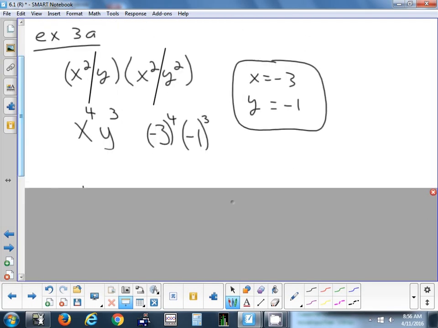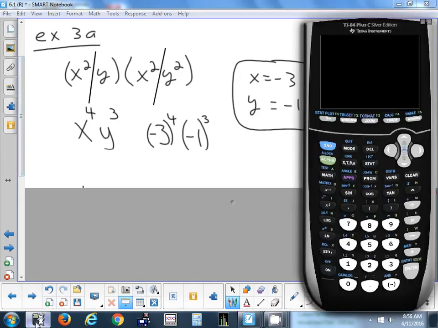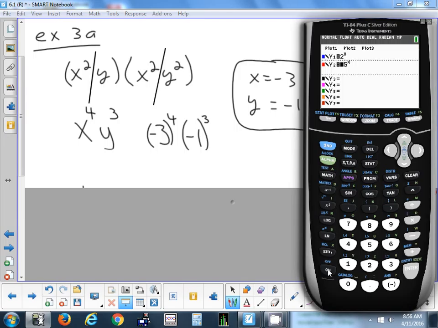So, we're not going to talk about this too much, but is 4 an odd number or an even number? Even, right? Is 3 an odd number or an even number? Odd, yeah. So 4 is even, 3 is odd. My bases, are they positive or negative?